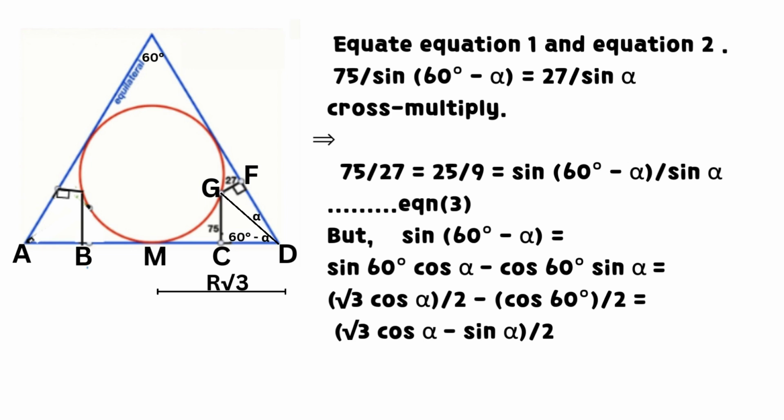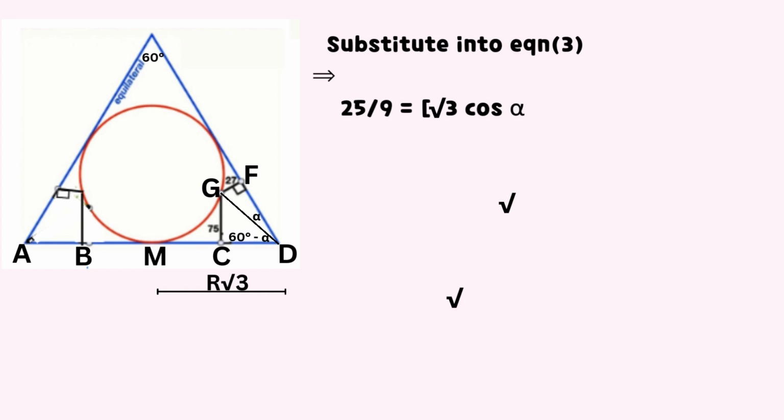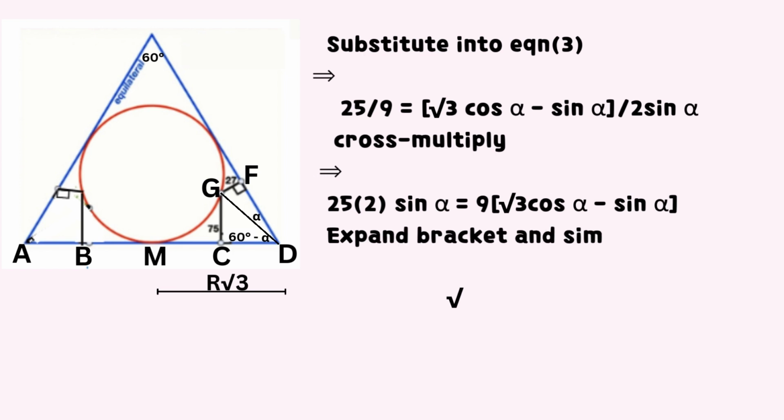That is, half of the square root of 3 times cosine alpha minus sine alpha. Substitute into equation 3. It implies that 25 divided by 9 equals the square root of 3 times cosine alpha minus sine alpha, all divided by 2 times sine alpha.